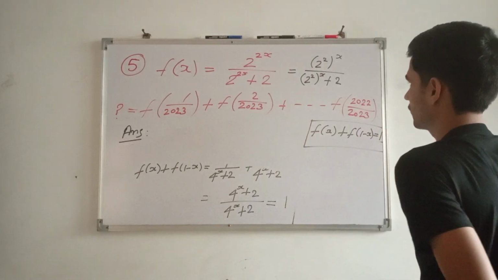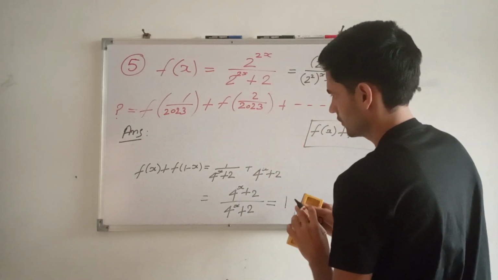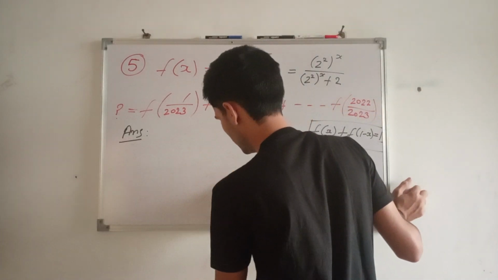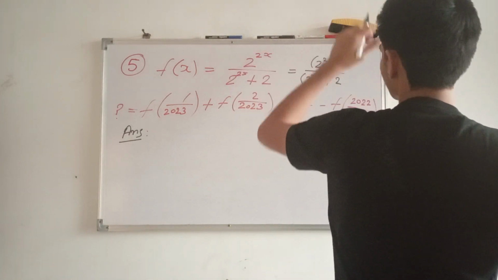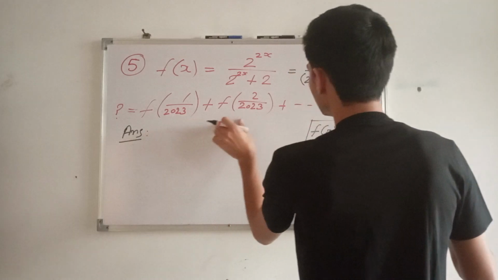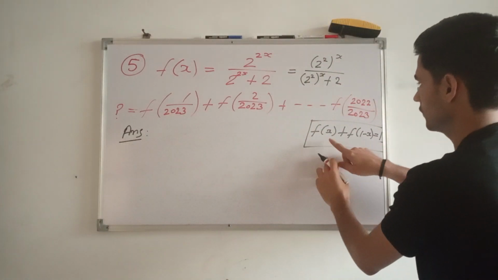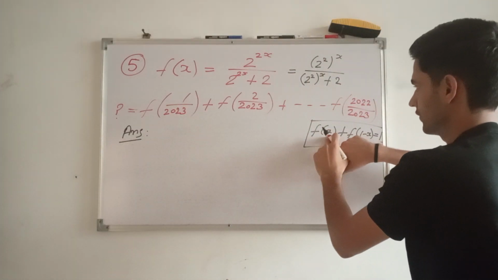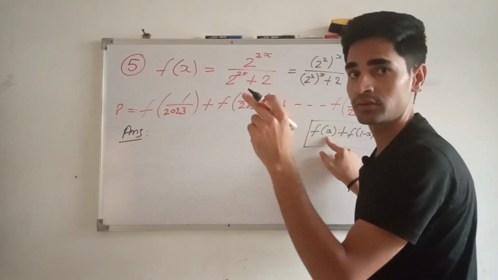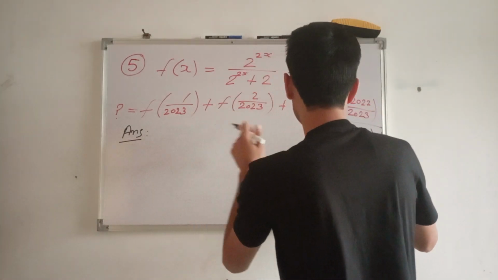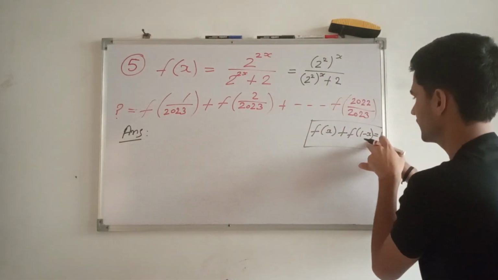This is what we have got by simplifying this. Now we need to write these terms in this way. So let us consider x as 1 by 2023. What will be f(1 minus x)?